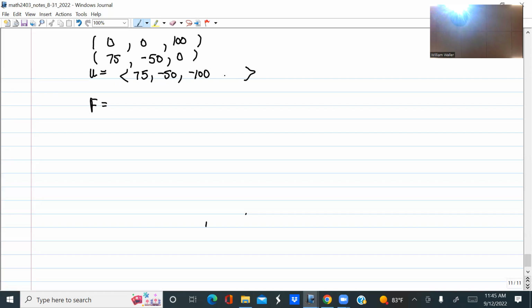So how do you take a vector and find a unit vector, a vector of length 1, that has the same direction? Divide by the magnitude. You divide everything by the magnitude. So we're going to take U and divide it by its magnitude.